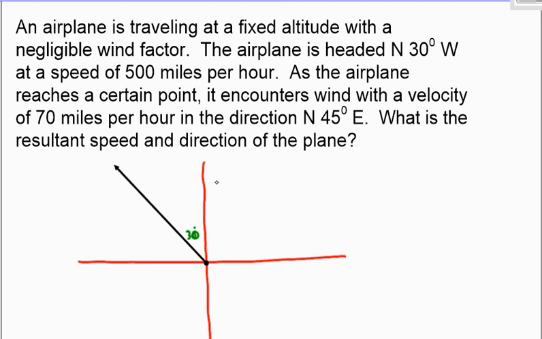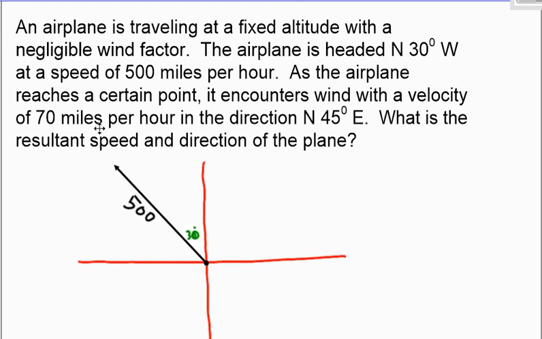Now it's going at a speed of 500 miles per hour, so I'm going to let that be the magnitude of this vector, 500. Okay, there's my plane.